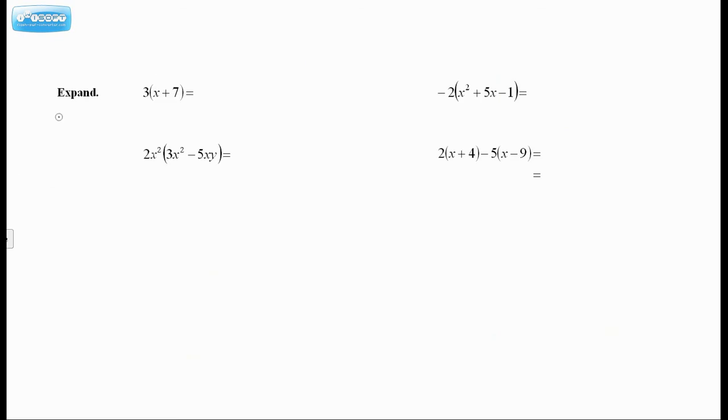Moving on, it says expand. Well, really we're just being asked to apply what's called the distributive law. My teacher called it the rainbow rule because early on it would help me to draw these little arrows and it kind of looked like a rainbow, hence rainbow rule. So this 3 is multiplying this set of brackets, everything inside it.